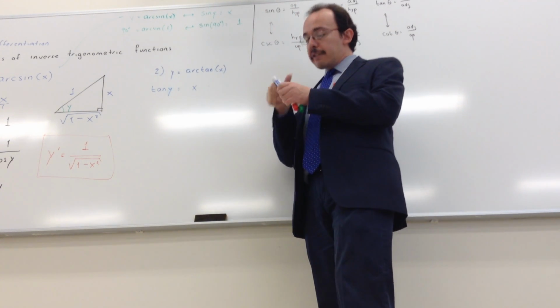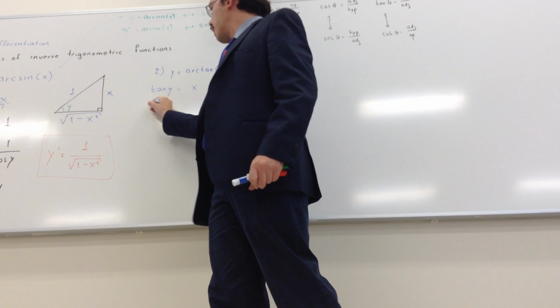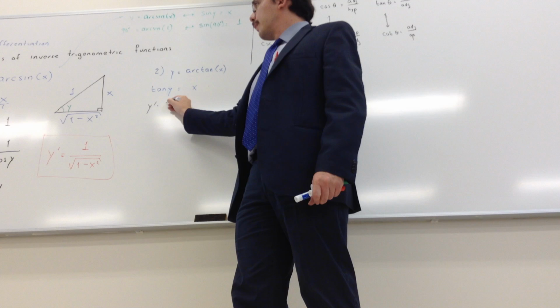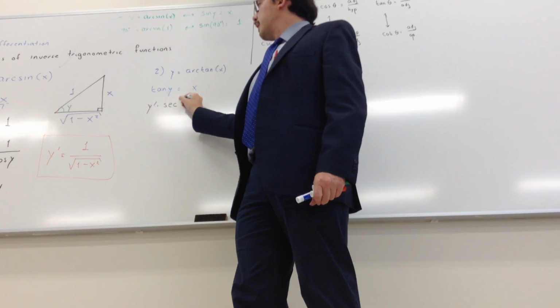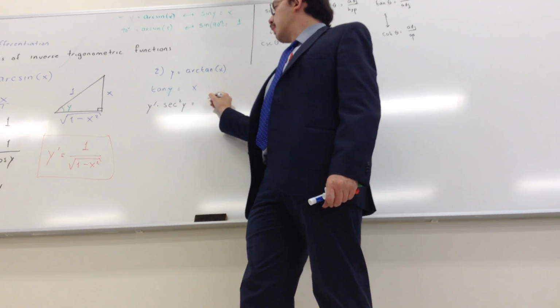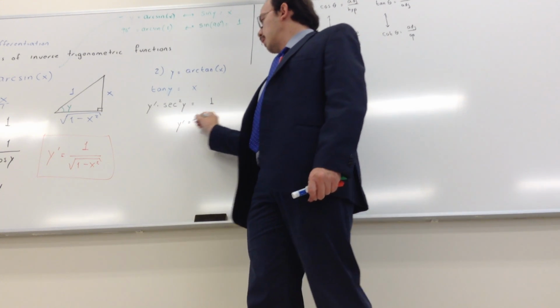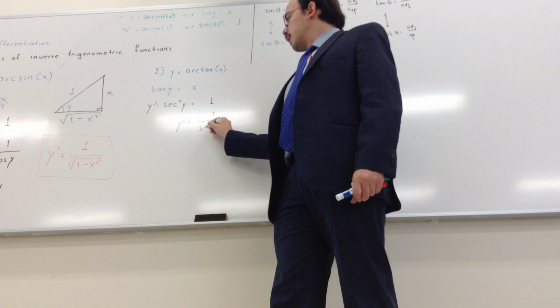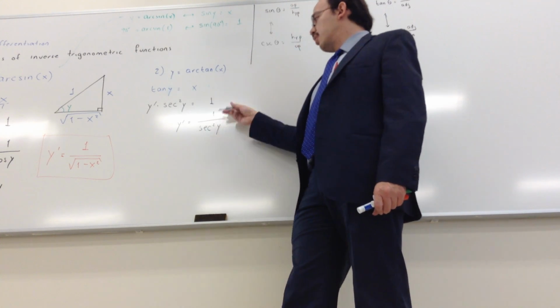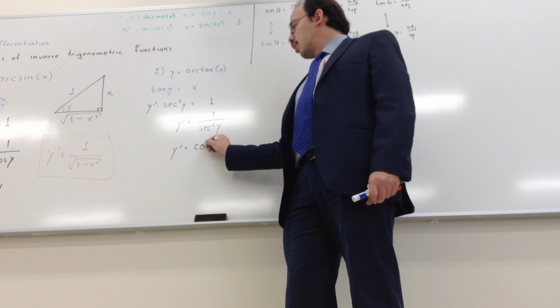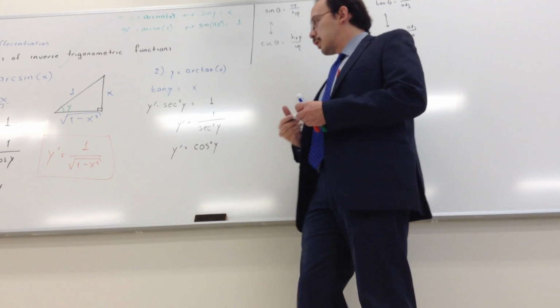Tangent of y derivative? y prime times secant squared of y equals 1. y prime equals 1 over secant squared of y, and you can change it if you want to, so y prime is equal to cosine squared of y.